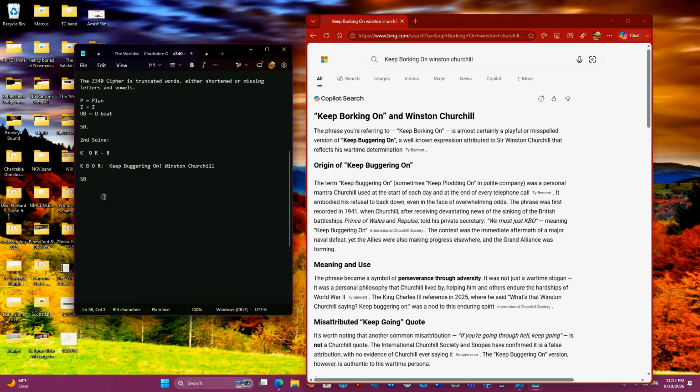And so now people understand which way to go with that. So I think that they added the R just to make sure that if you didn't get the PZUB, you actually did get the KBOR, which is keep buggering on.